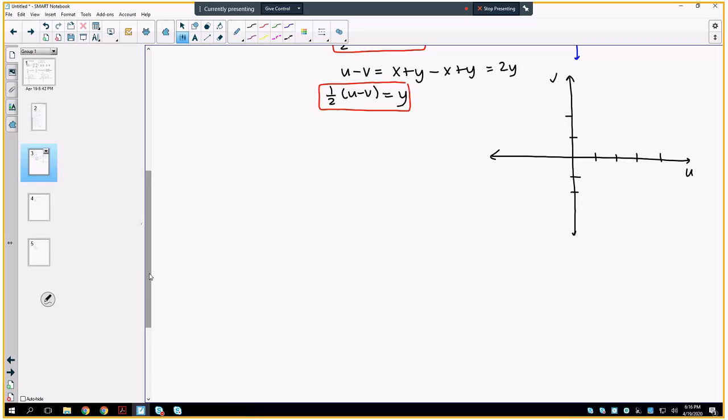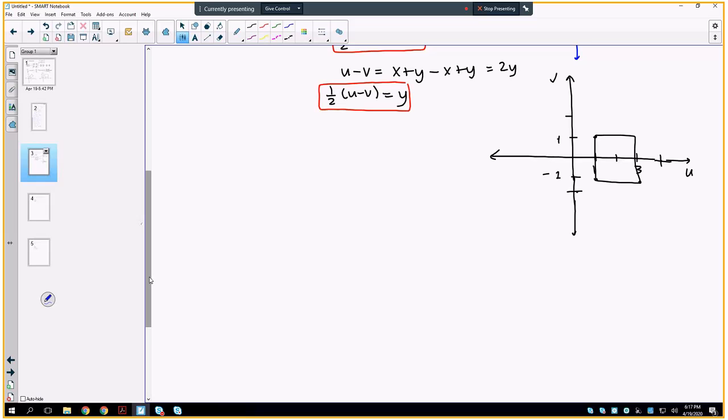So that should be from 1 to 3 on the u-axis, and from 1 to negative 1 on the v-axis. I keep putting them in the wrong place. So this rectangular region here. So I transformed it into a simpler region to integrate over.